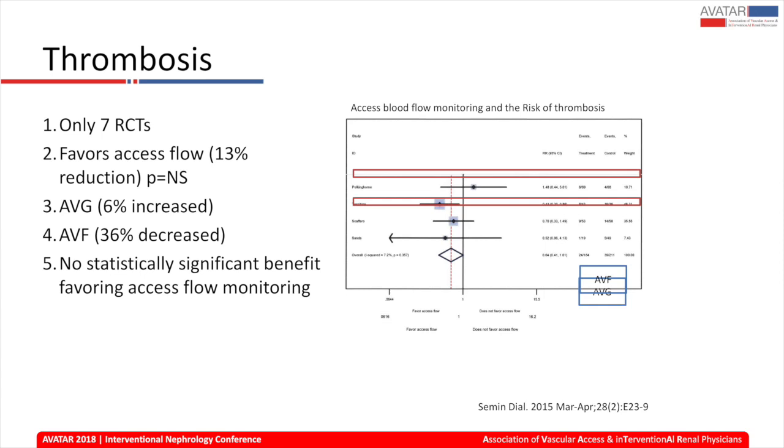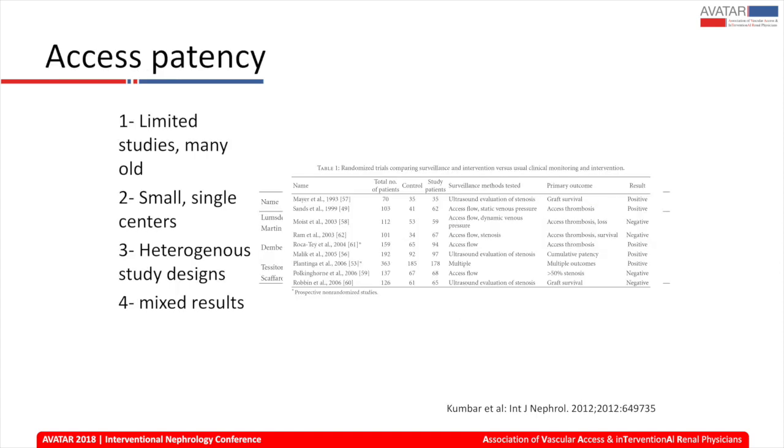This is with the grafts, and that's with the fistulas, right? The problem is, again, I do not want to overstress this, but we have to be cognizant that most of these studies in the meta-analysis were based in the early stages, when the angioplasties or how we were treating thrombosis was quite different.